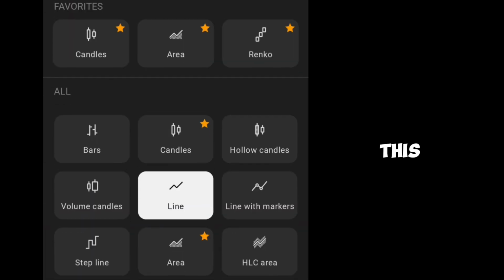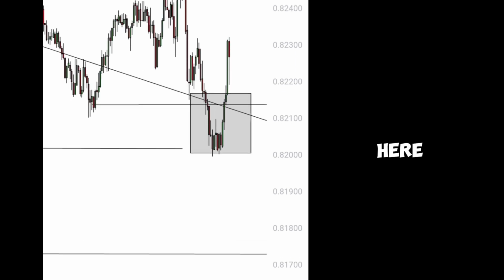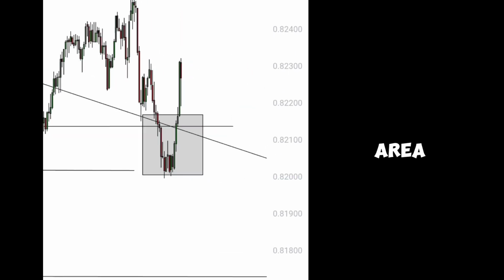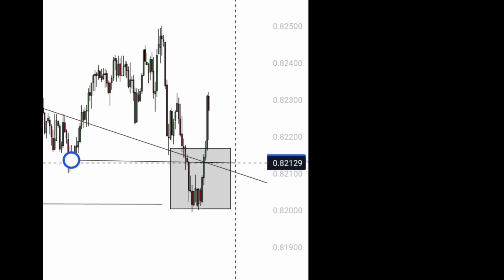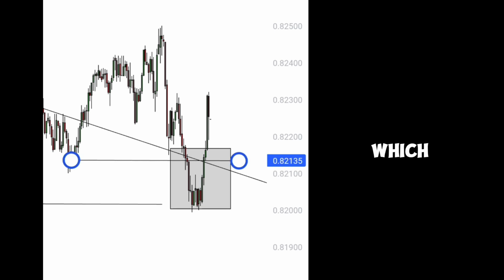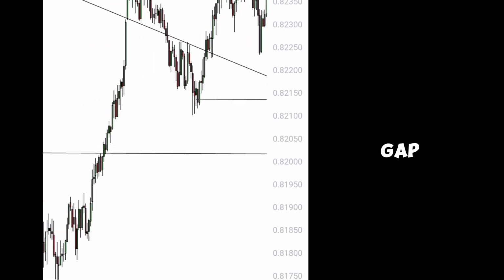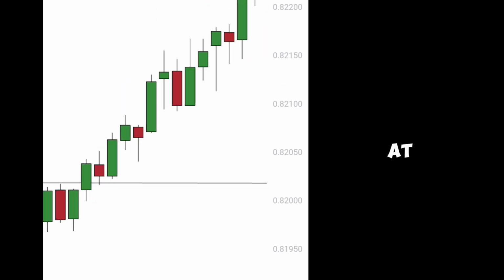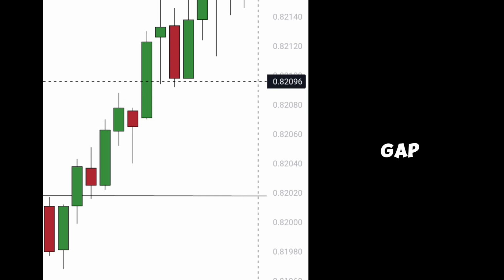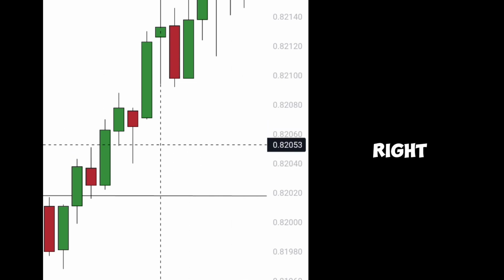So let's look at this here. So this area would have been my area of liquidity here, and then I'm looking for a fair value gap, or I'm looking for an order block, which of course I saw. Look at that here. This is a fair value gap here. This is the order block right there.